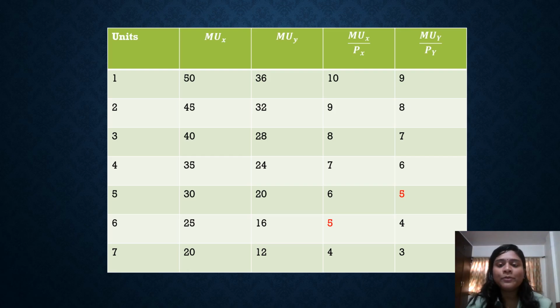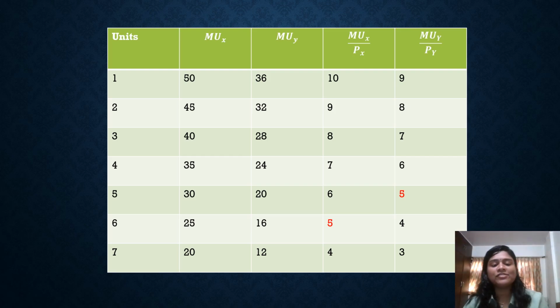How have we come up to this position? By equating marginal utility of x upon price of x and marginal utility of y upon price of y. And finally, we have to equate this to the marginal utility of money. Since this is an economic theory, let us assume that the marginal utility of money is also given as 5.